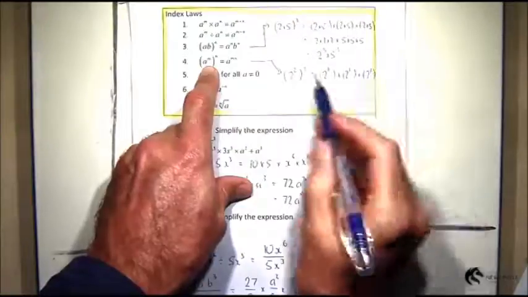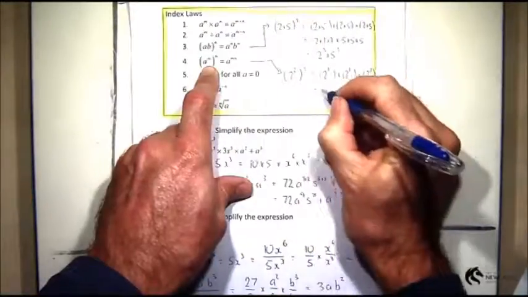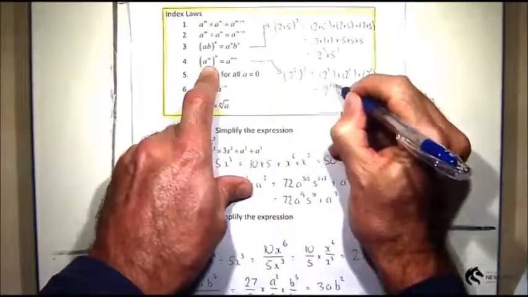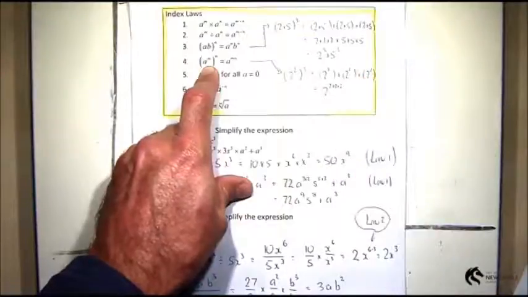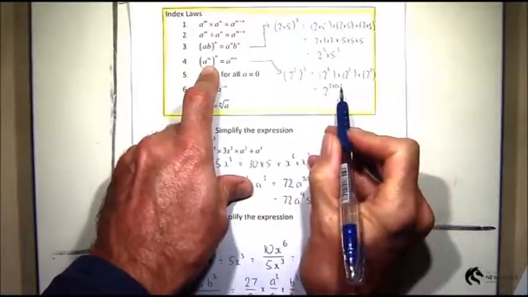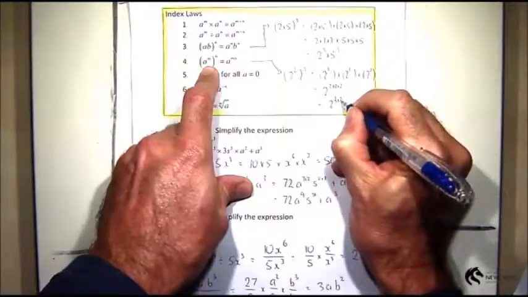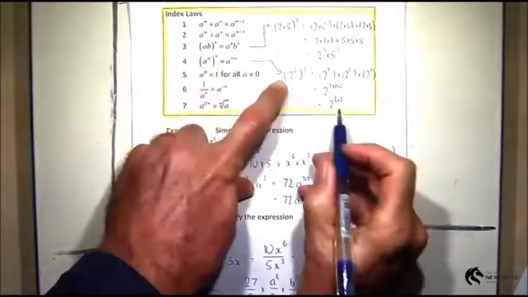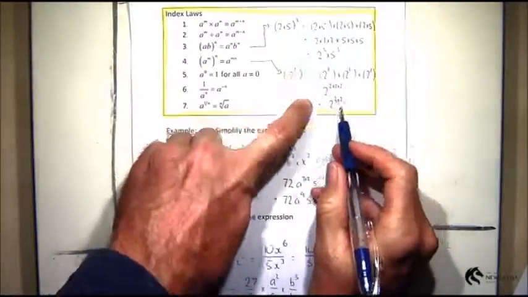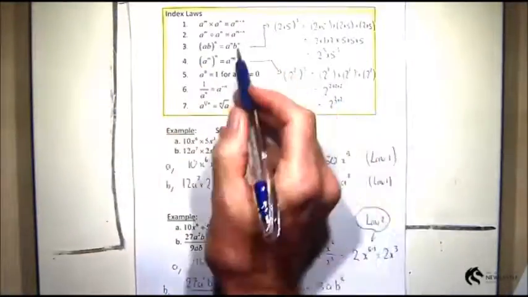So to multiply them, I add the indices. So that becomes 2 plus 2 plus 2 times 2. If I add 2 together 3 times, that's the same as saying 3 times 2. So 2 to the 2 all to the power 3 is 2 to the 3 times 2, which is what that law there is saying.